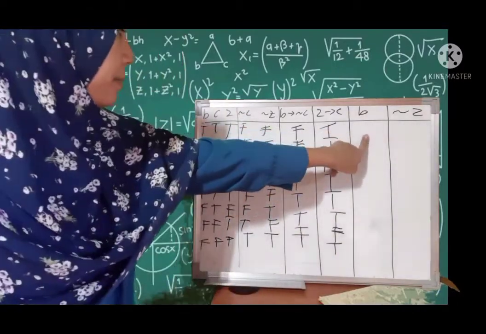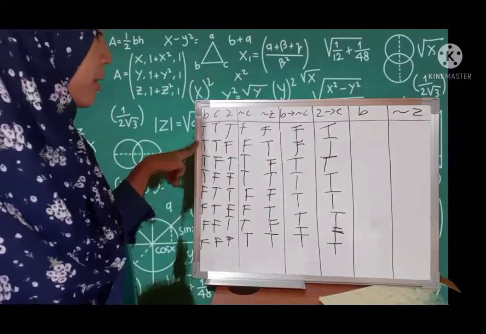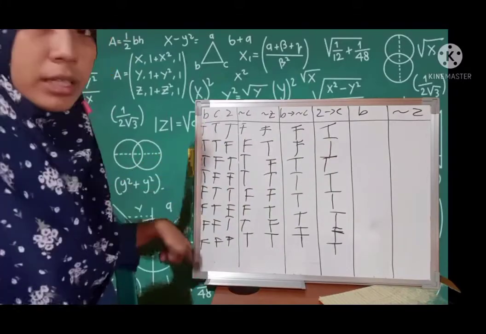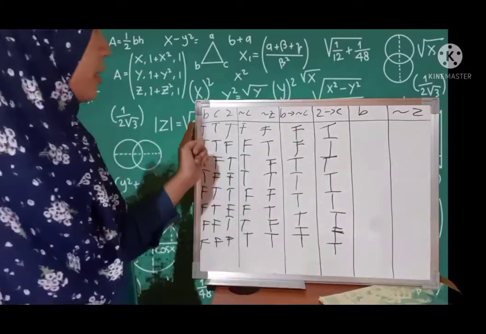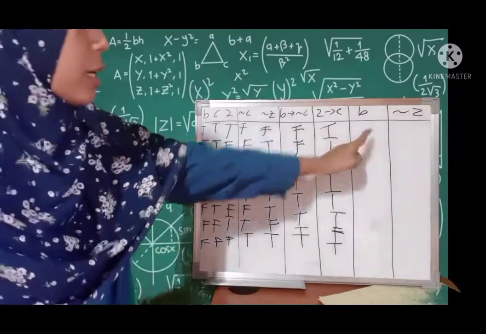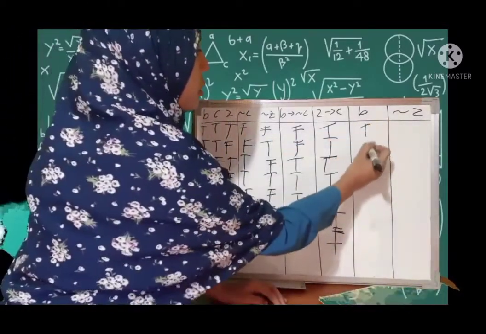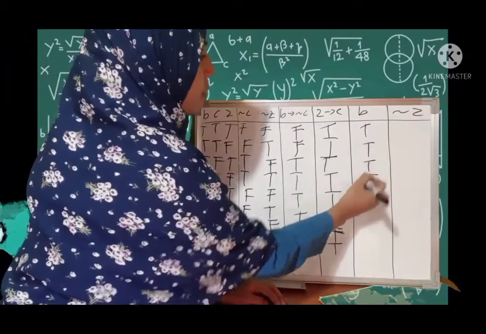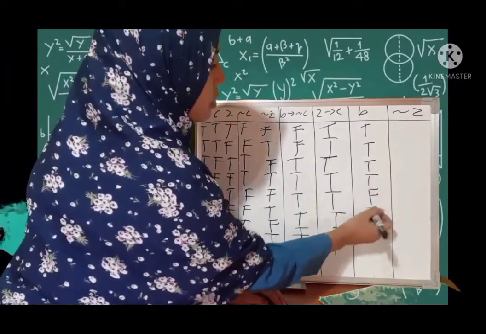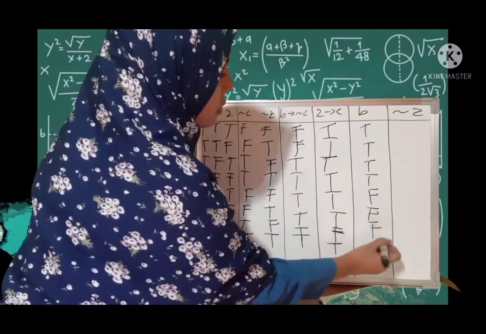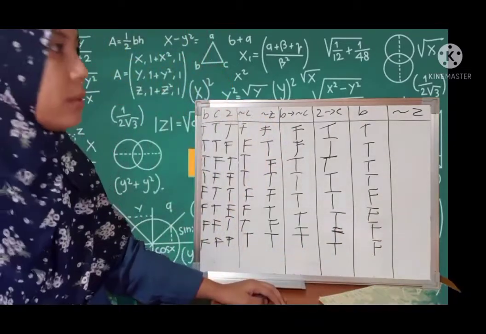So, sa B naman, since may B na tayo dito na constant, just copy the B at ilagay natin dun sa third premise. 1, 2, 3, 4, 1, 2, 3, 4. So, ganyan lang.